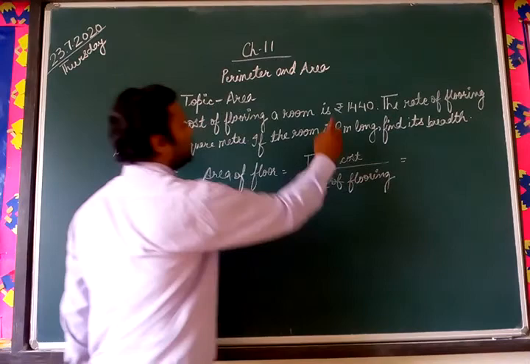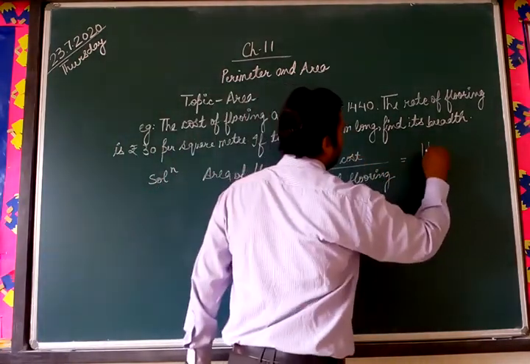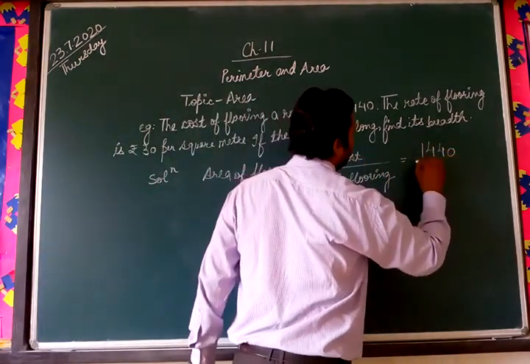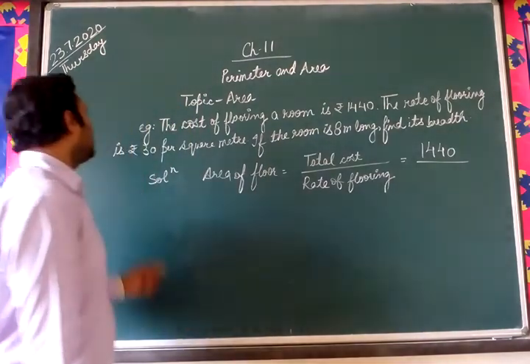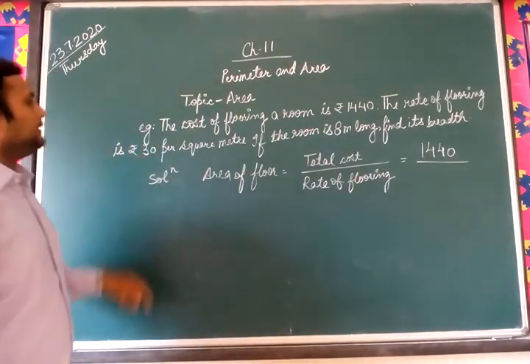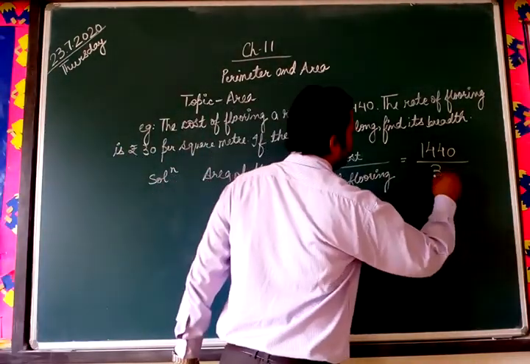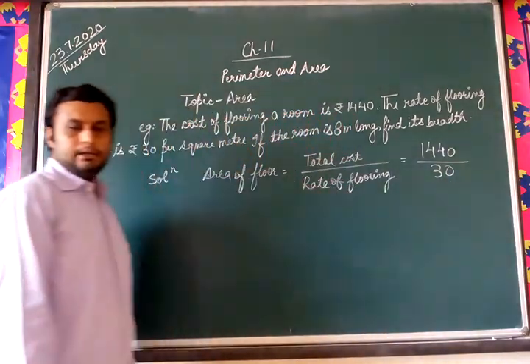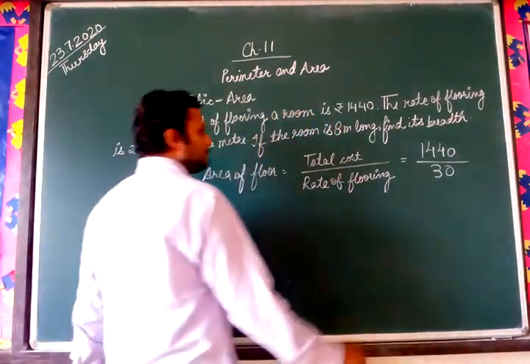So what is the total cost? 1440 divided by the rate of flooring, which is 30 rupees.